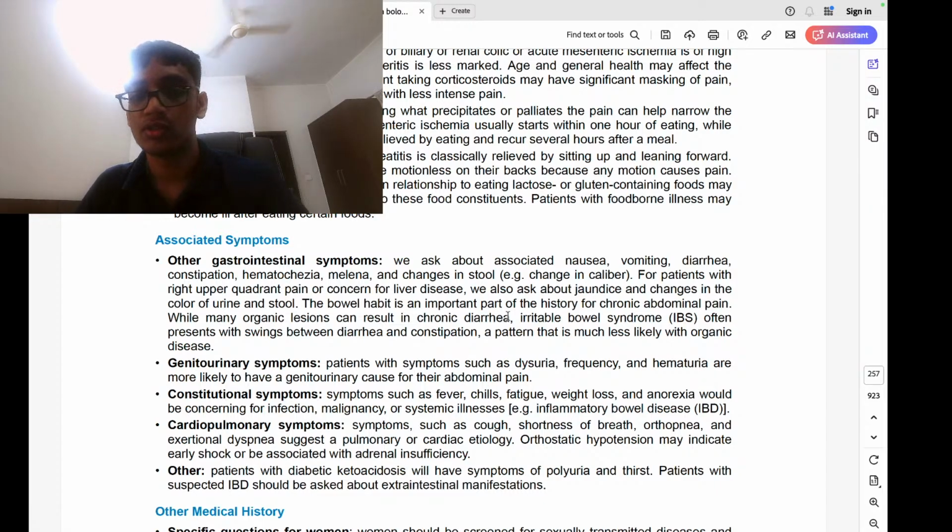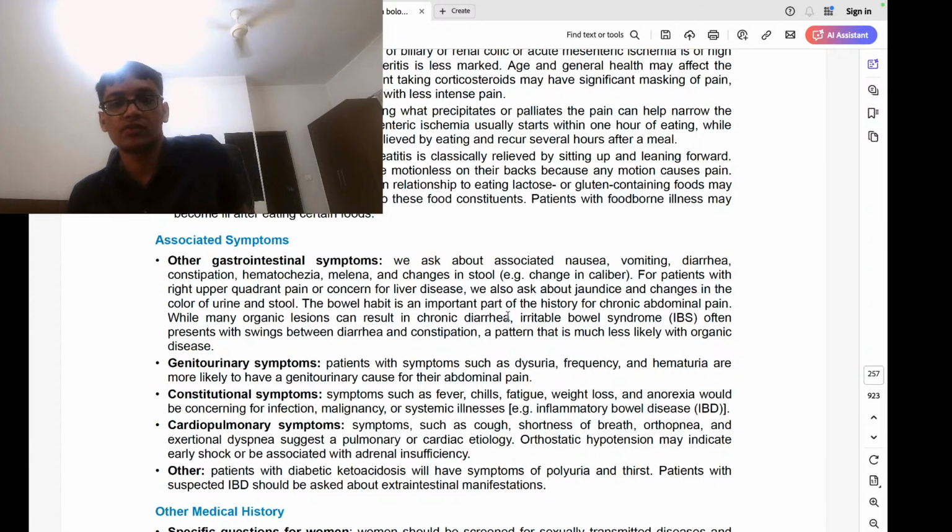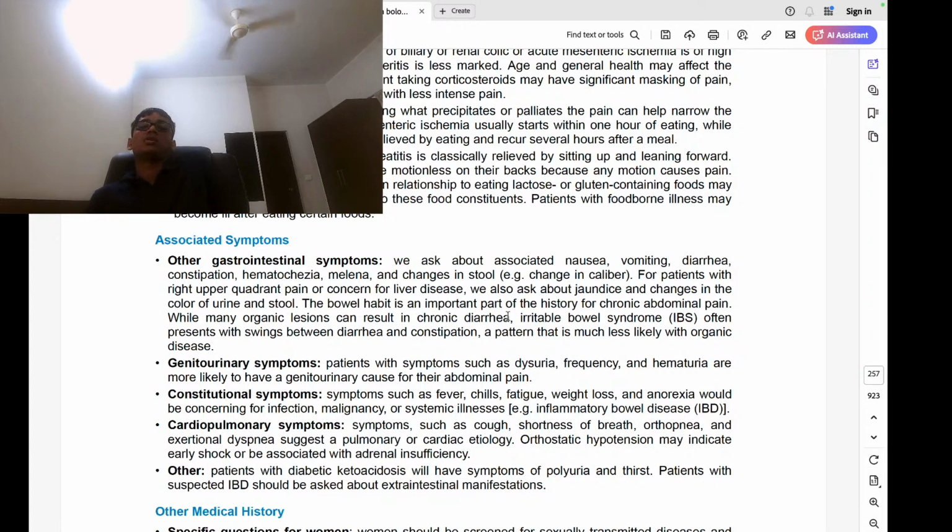Position or posture: pain of pancreatitis is relieved by sitting up and leaning forward. Peritonitis often causes a patient to lie motionless on their back because any motion causes pain.